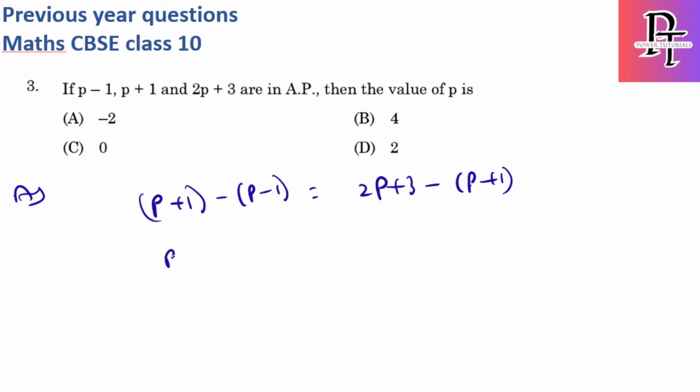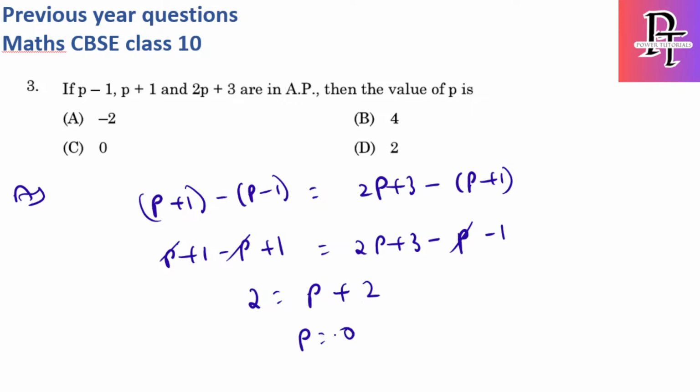So p plus 1 minus (p minus 1) is equal to 2p plus 3 minus (p plus 1). Here p minus p cancels, so 1 plus 1 is 2, which is equal to 2p minus p, that is p, plus 3 minus 1, that is 2. So the p value is 0. Okay.